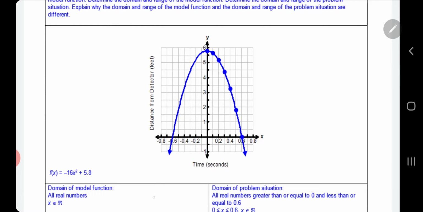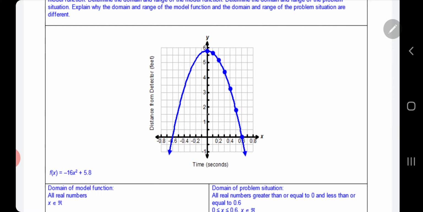We will continuously go down and down and down and go left forever. If you go to the other side, you've got another arrow indicating we're going to go down and right forever. Because we're going to go down, but we're going to continually keep going right. So, always going left and always going right, we're between negative infinity and infinity, or the easiest way to say it is we're just all real numbers.